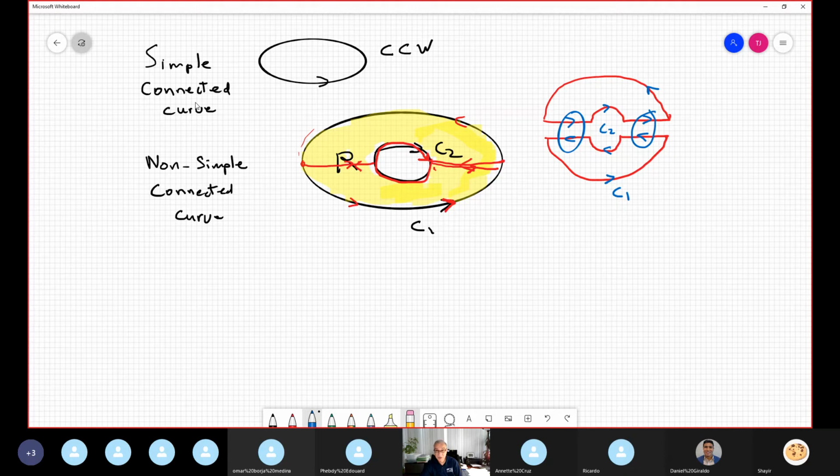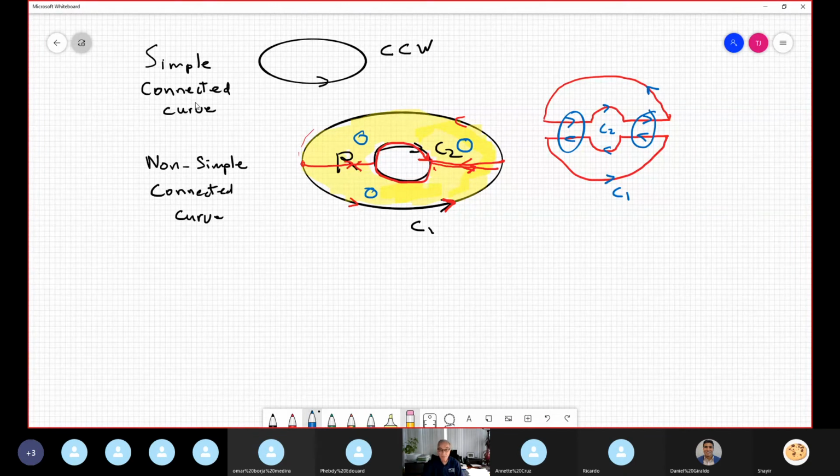Do you see? It doesn't matter if you have different holes inside; the holes inside you treat with clockwise direction, and the outermost is counterclockwise. I bring an example to illustrate this idea very well. Easy.